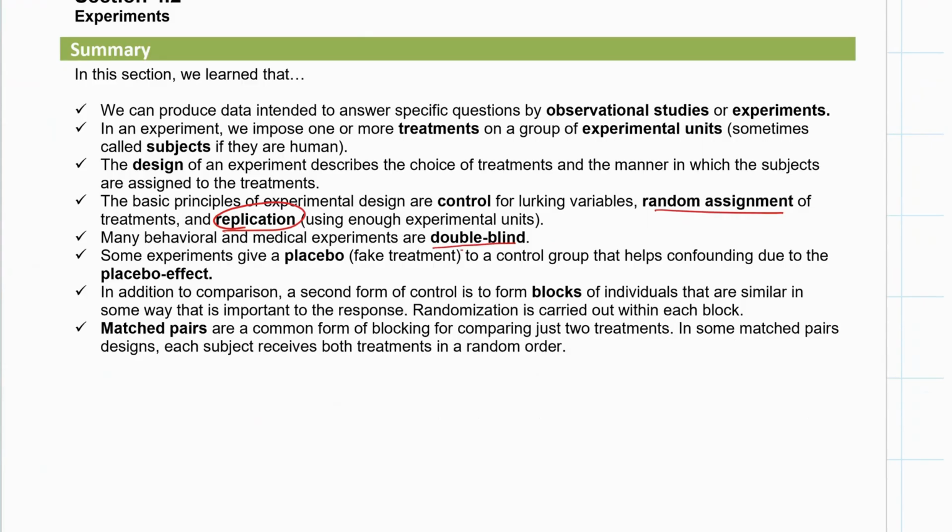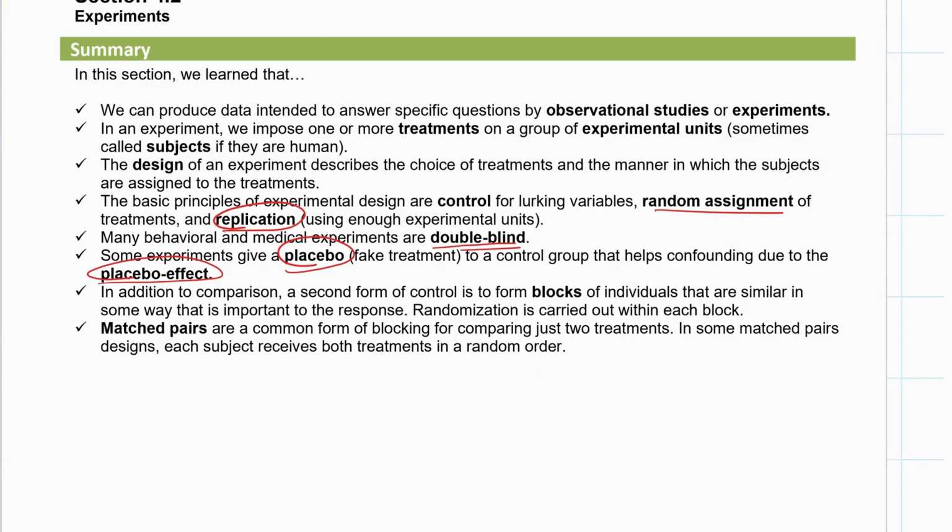That behavioral issues may lead us to want to have double blind, where the subject and those they interact with don't know which of the two treatments are given. We want to make sure that we sometimes have placebos, a fake treatment, to keep from dealing with the placebo effect.